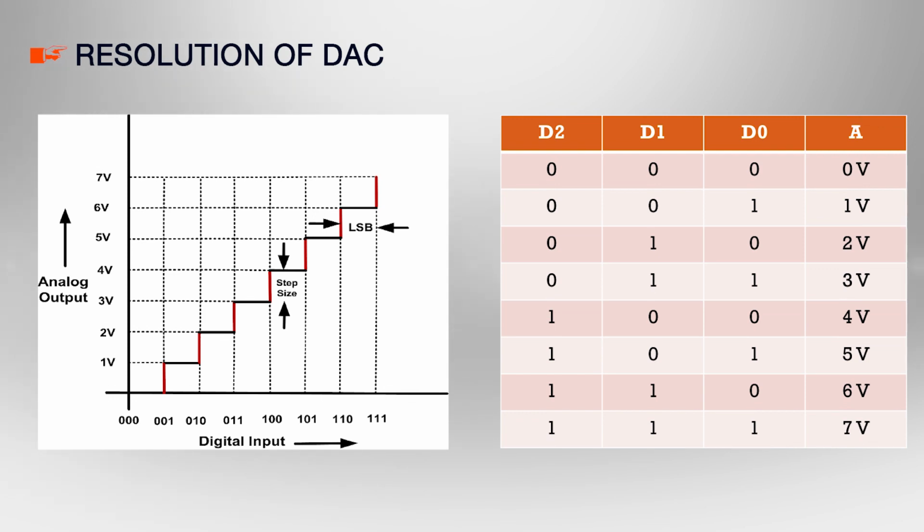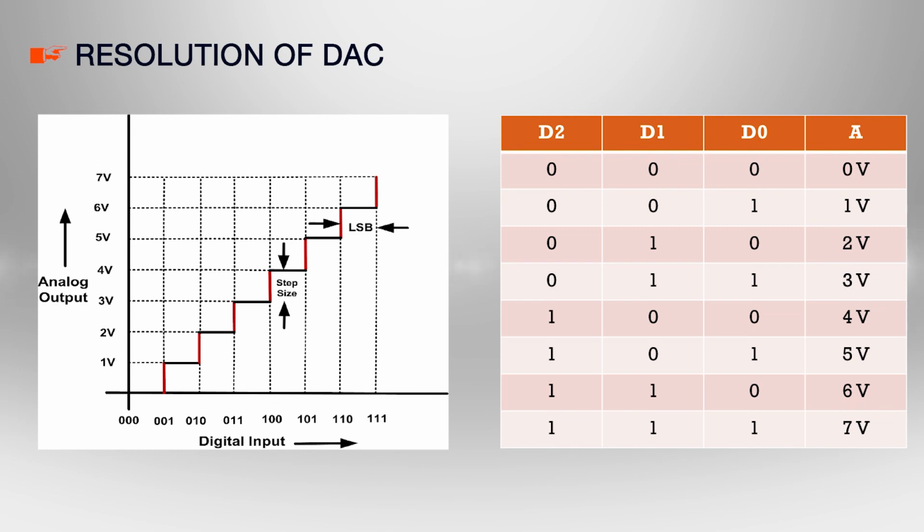Here the smallest change in digital input, that is change from 000 to 001 or from 001 to 010, is known as the least significant bit, that is LSB, and the smallest change in analog output, that is from 0 volt to 1 volt or from 1 volt to 2 volt, is known as step size.